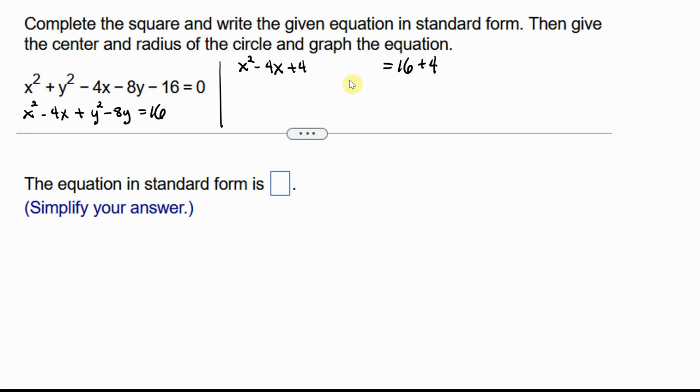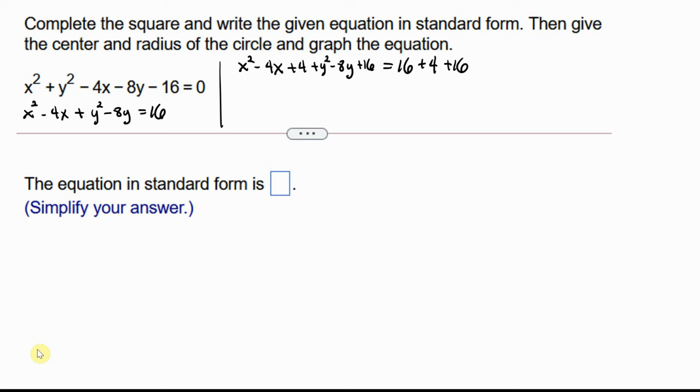Now, remember, we have this plus y squared minus 8y. Now if I look at the coefficient of y, it's negative 8. Take half of negative 8, I get negative 4. Square negative 4, I get 16. So I'm going to add 16 to both sides. Plus 16, plus 16.